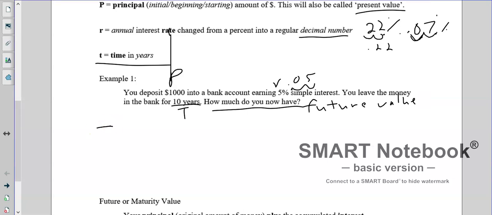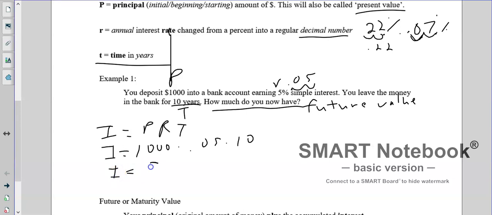Now we're going to use that formula, I equals PRT, and fill in our numbers. We know the principal is $10,000, our rate is 0.05, and our time is 10 years. That's going to give us the amount of interest. When you calculate that, you will get $5,000.